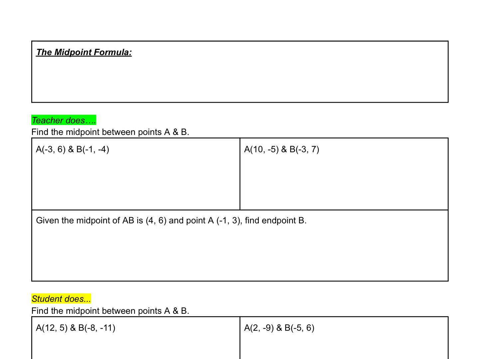Okay, midpoint formula. Let's say that you have a segment like this, and it is segment AB, and point A is x1, y1, and point B is x2, y2.